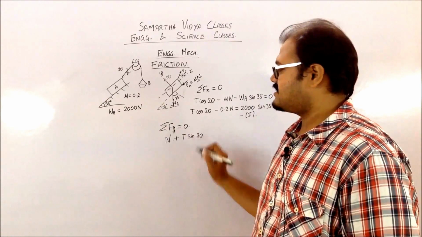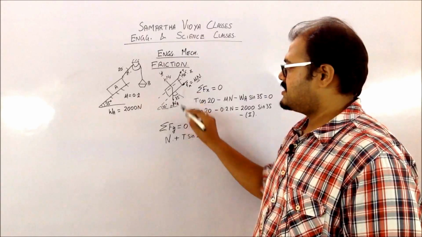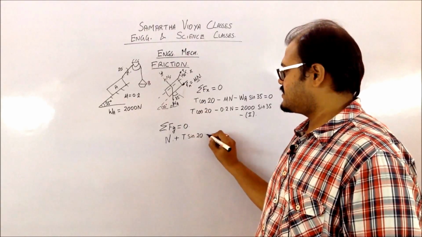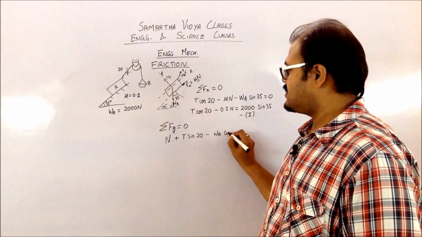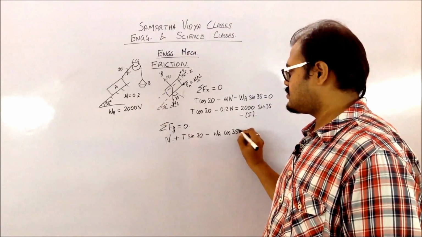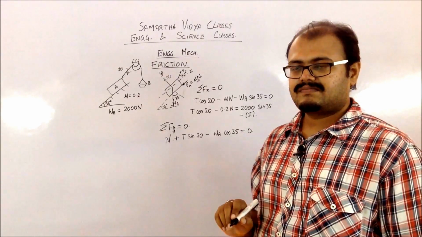That's your sine component for the tension. Then you will have the component of your weight. So again it's minus WA, and it's now going to be a cos component, so cos 35. This is going to be equal to 0.